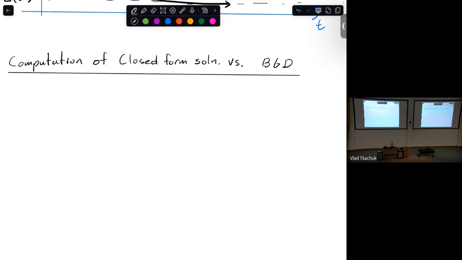Okay, so let's learn about this. The idea is we're going to talk about the number of computational steps. We're going to want to count the number of computational steps, which roughly speaking is the number of elementary operations.